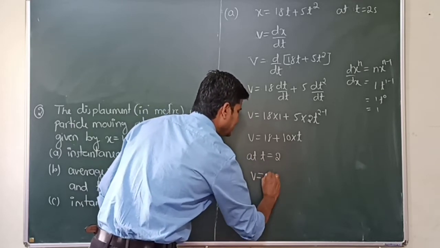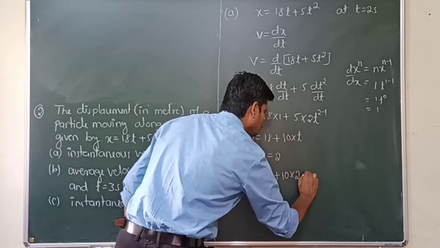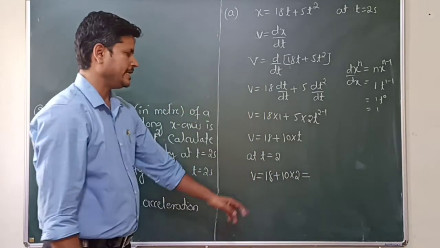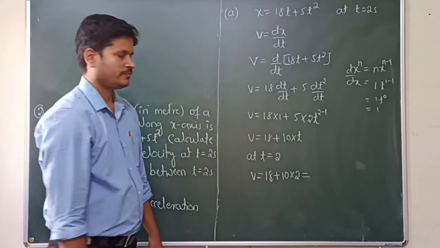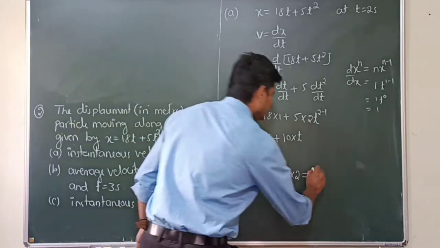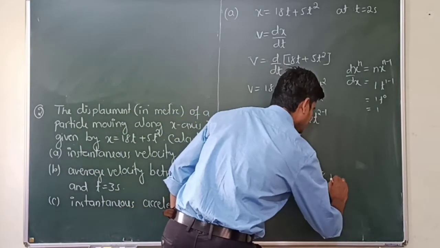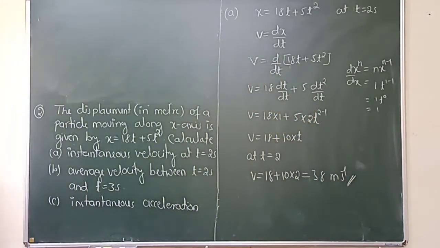Therefore, velocity is equal to 18 plus 10 into 2. Simplify this. 10 into 2, 20. 20 plus 18, 38 meter per second. This is the answer. Note down this.